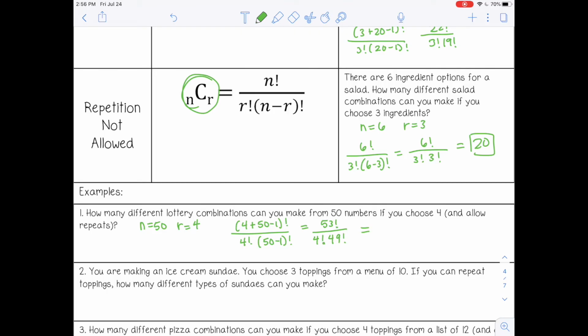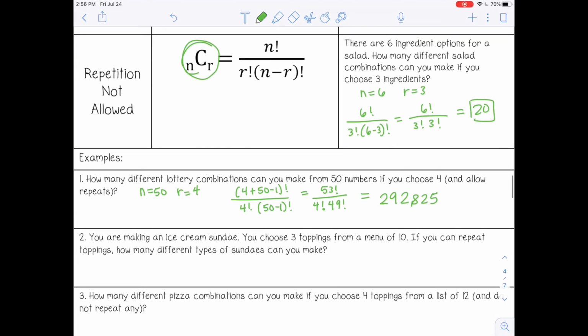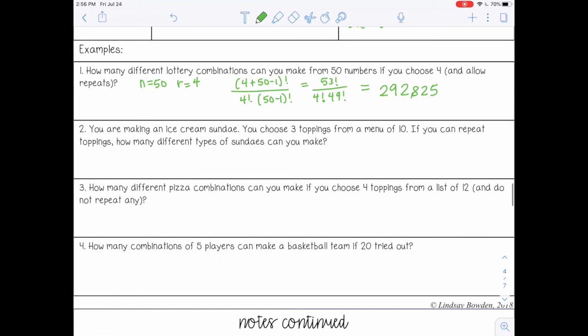All right, I'll give you a second to type that in your calculator. All right, and you will get 292,825.